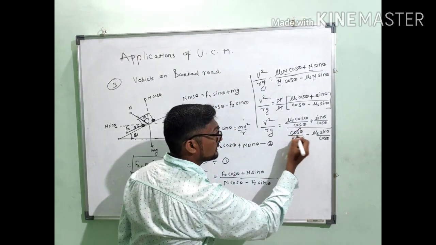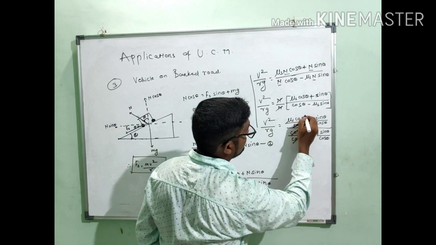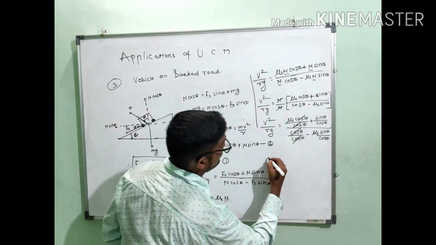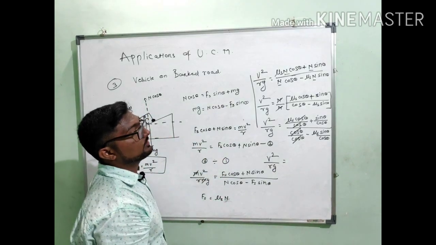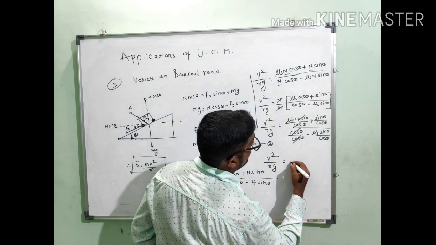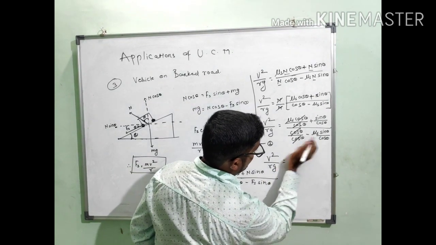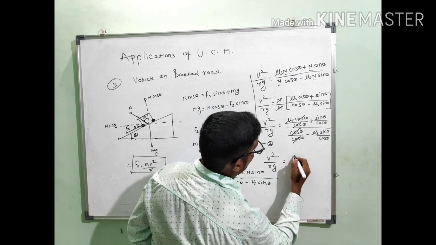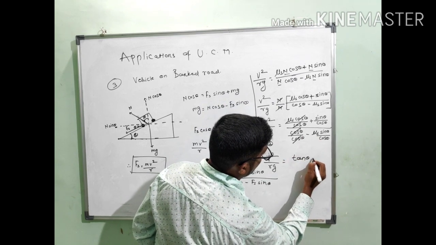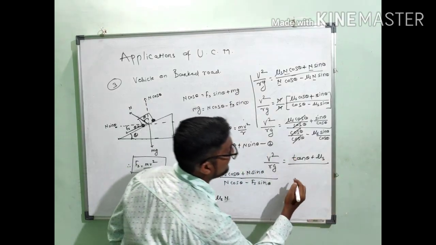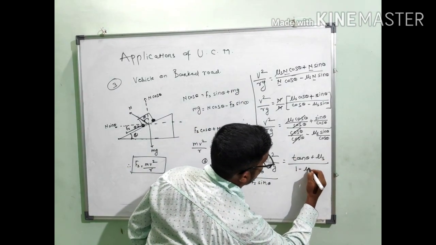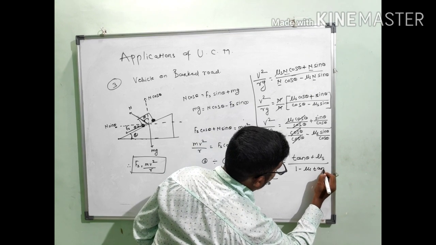So cos theta gets cancelled. What remains? v square upon rg is equal to mu s plus tan theta upon 1 minus mu s tan theta.